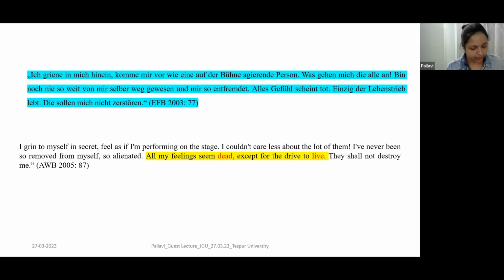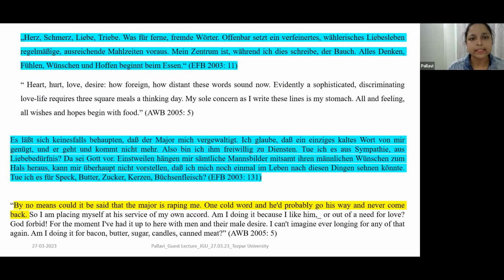In the next quote also, we will see this feeling of not feeling anything. She writes, heart, hurt, love, desire are not foreign, and these are distant sounds for her, and she cannot actually associate herself with all these emotions.